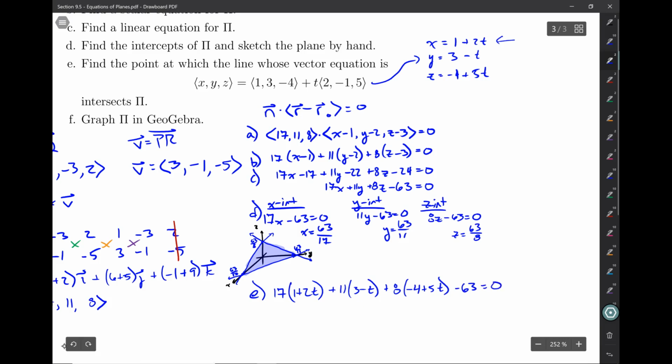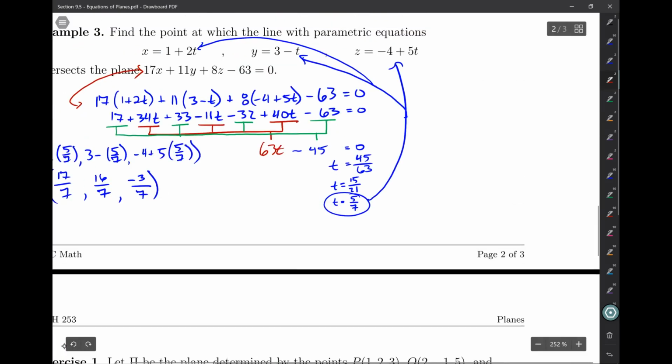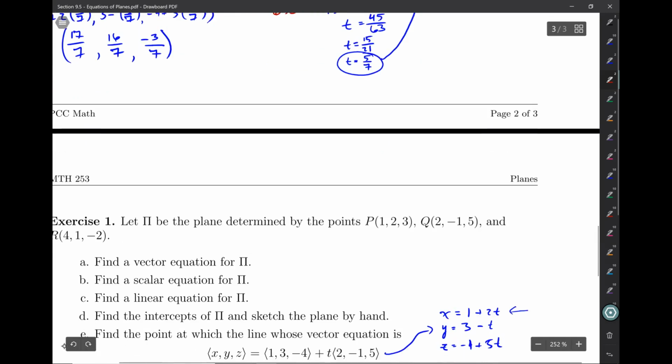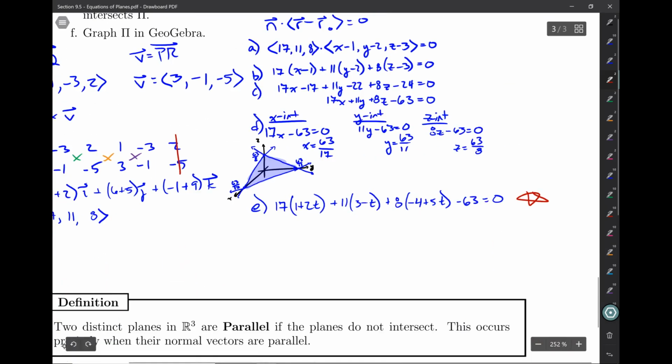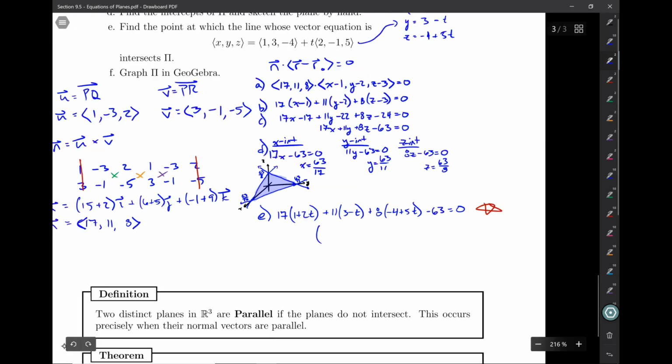And again, this feels pretty familiar. This equation here, 17 times 1 plus 2t, plus 11 times 3 minus t, plus 8 times -4 plus 5t, minus 63 equals 0. That's precisely what we did in example 3. In example 3, we got 17/7, 16/7, -3/7, and that's precisely what we should get here as well.